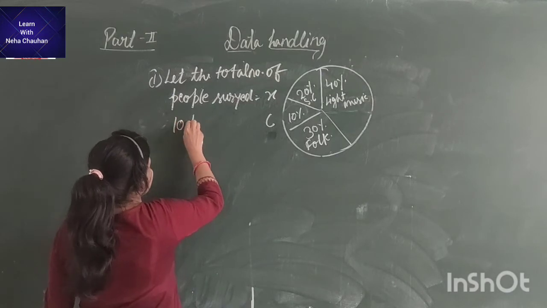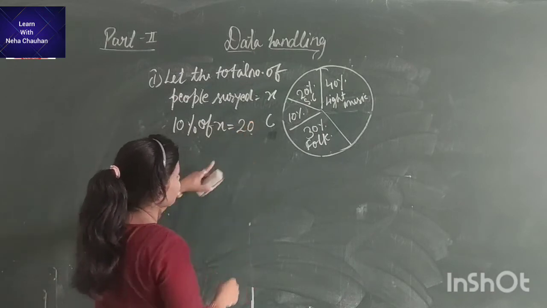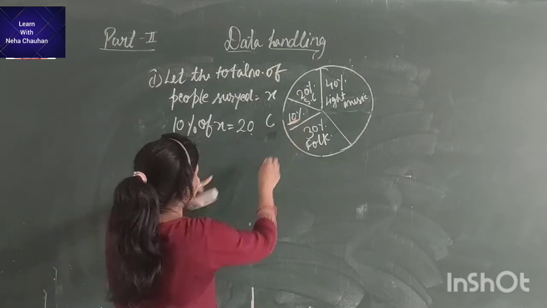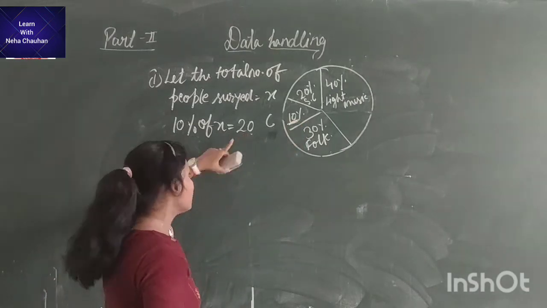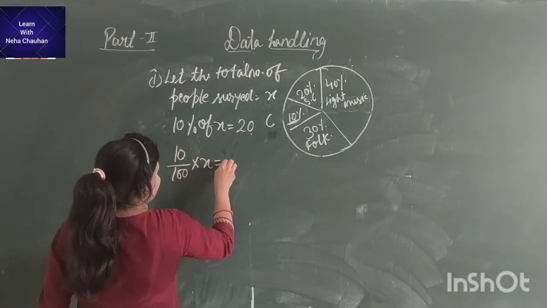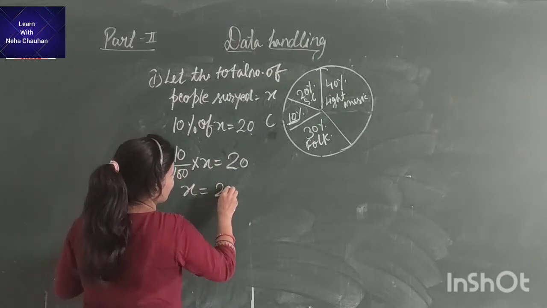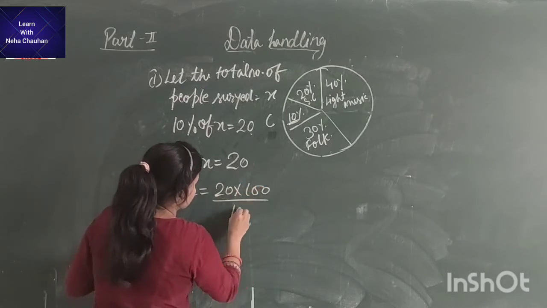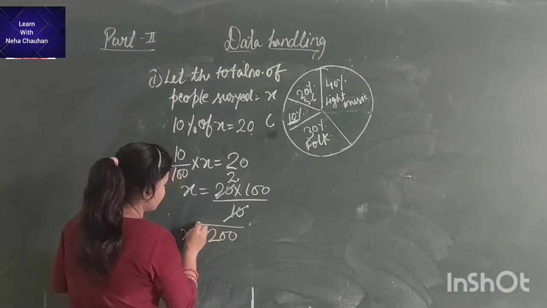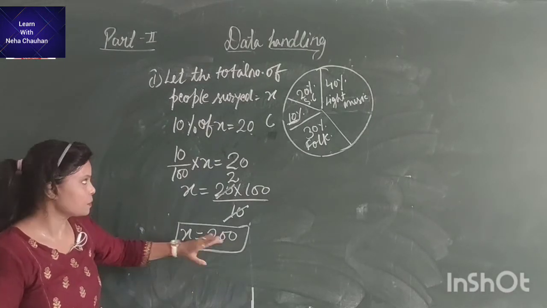We are given that 10% of x is equal to 20. On solving, we get 20 multiplied by 100 divided by 10, 10 twos are 20, that means x is equal to 200. So 200 people were surveyed.